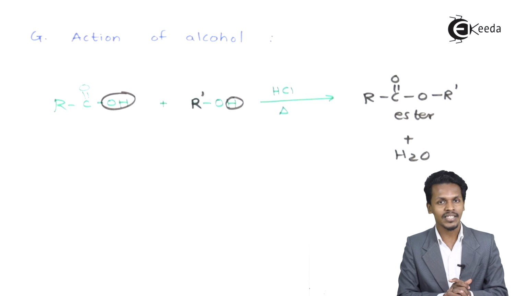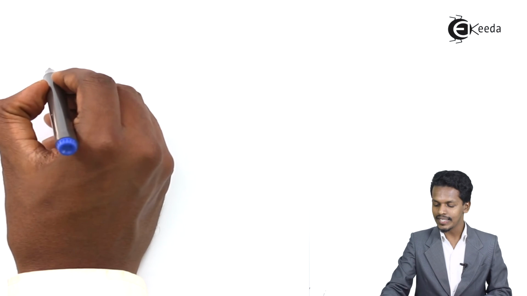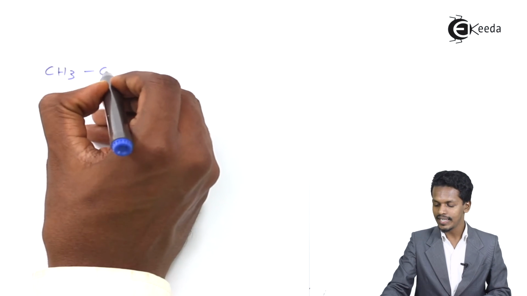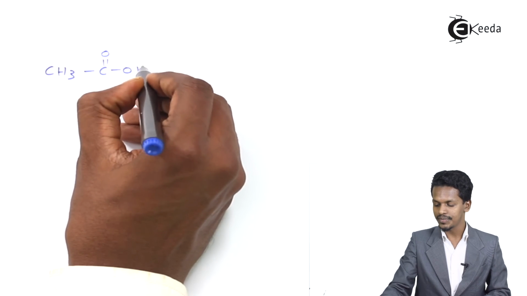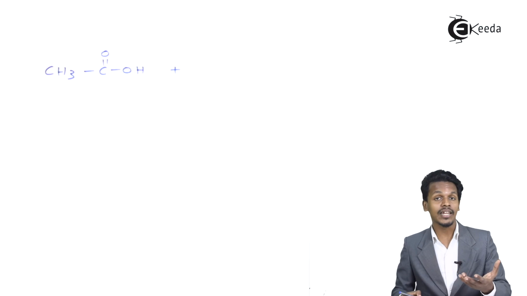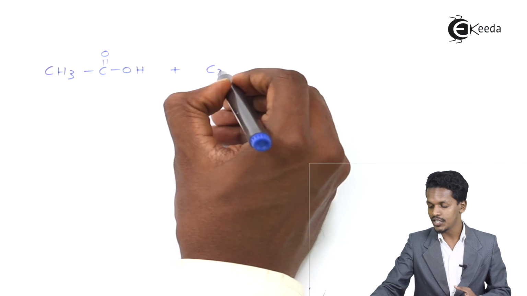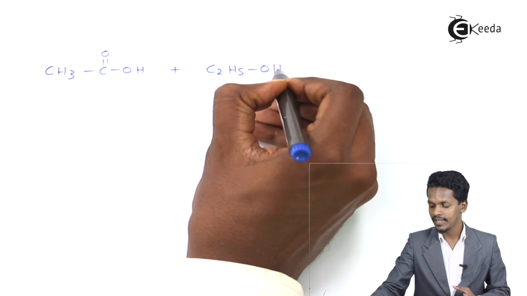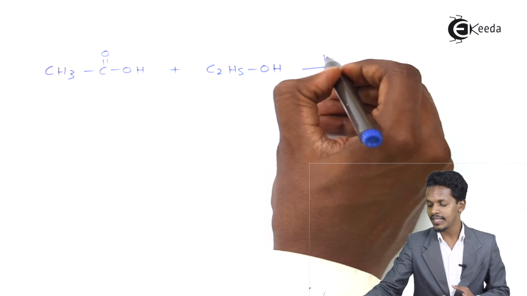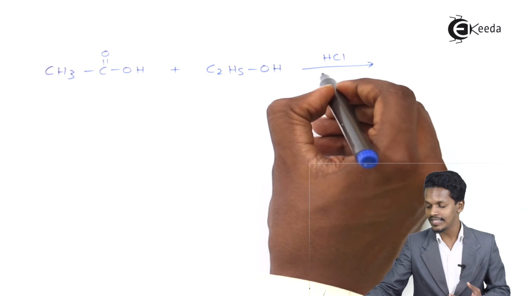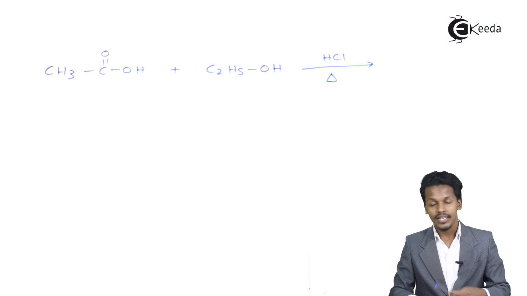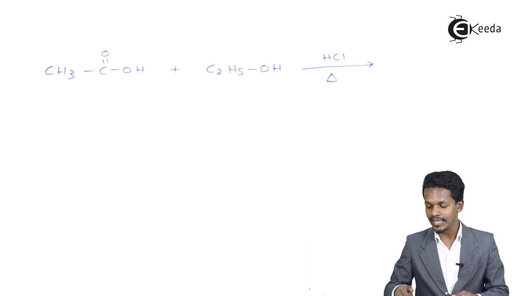Now let me give you an example related to this one. Suppose we consider acetic acid, that is CH3C=OOH, and we are reacting it with ethanol, that is C2H5OH. The reaction proceeds in the acidic medium, that is the reason we are mentioning HCl here along with a higher temperature. The byproduct we obtain is basically H2O.